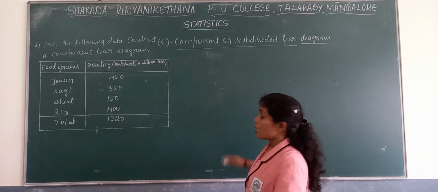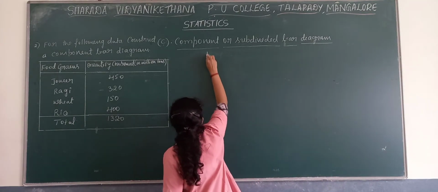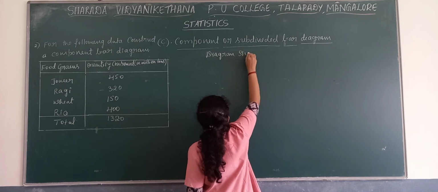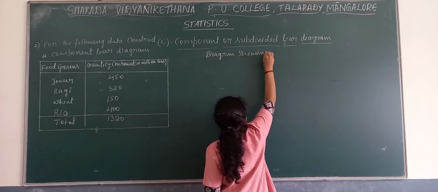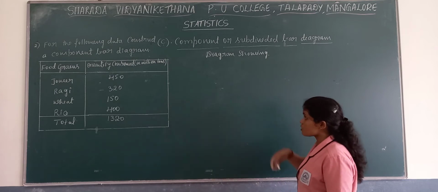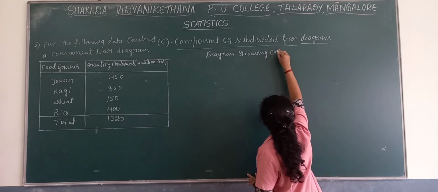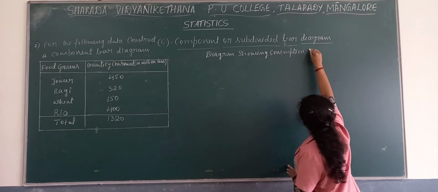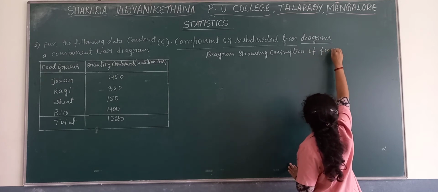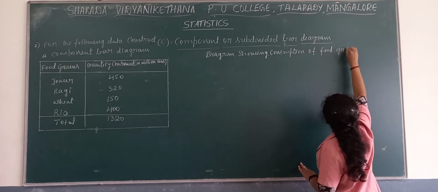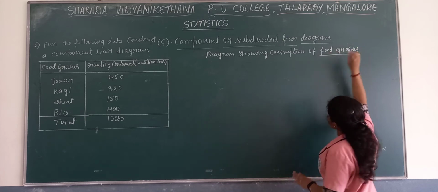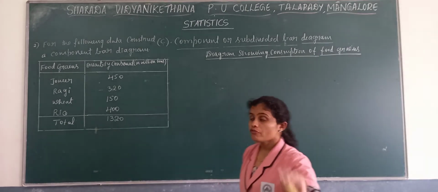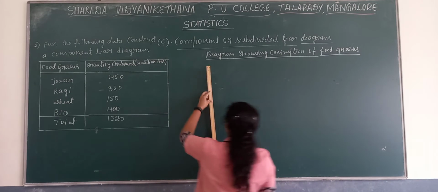Firstly we will write the title of the diagram: diagram showing the consumption of food grains. Now we will draw the x-axis and y-axis here.